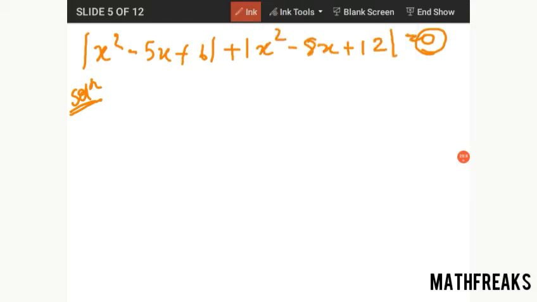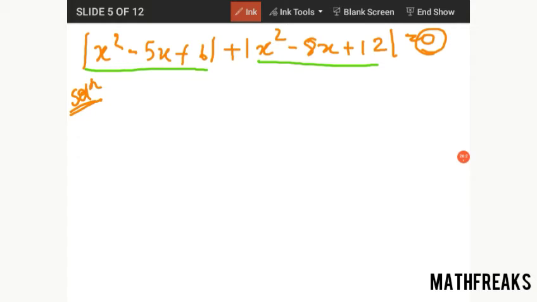I hope you understand, because the mod of any quantity is positive, so this one will always be greater than or equal to 0, this one will also be greater than or equal to 0, and the two positive quantities are added and their addition equals 0. So this case is only possible when both the quantities are equal to 0. Correct? I hope I am making sense right now. Two positive quantities, if their addition is equal to 0, this is only and only possible when each quantity is 0.